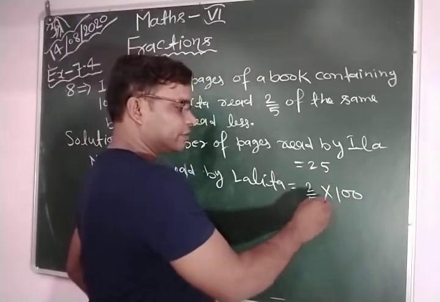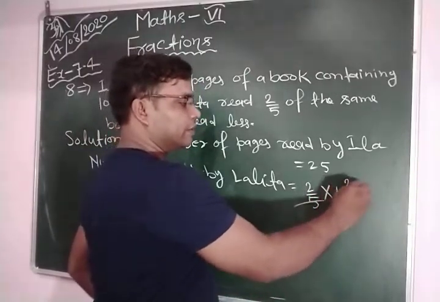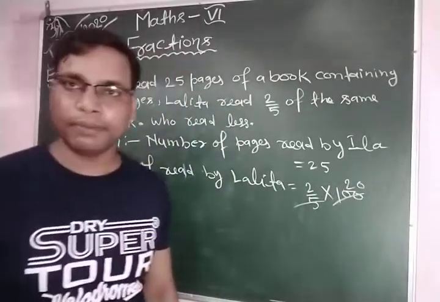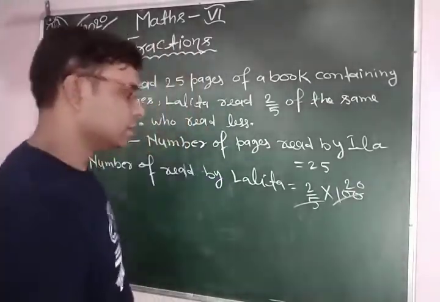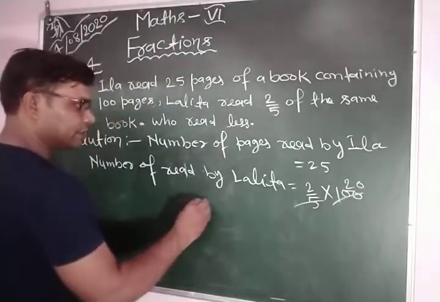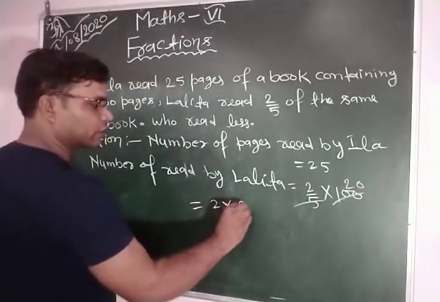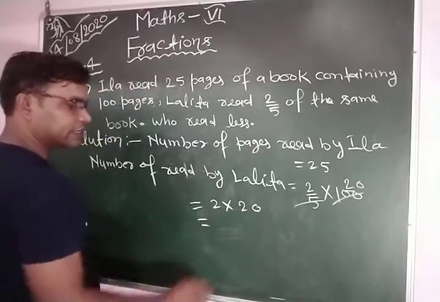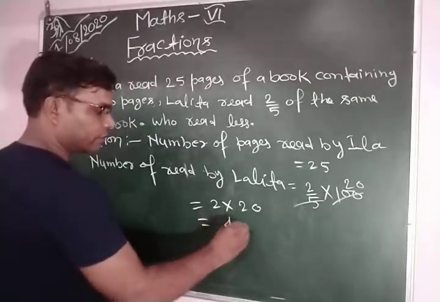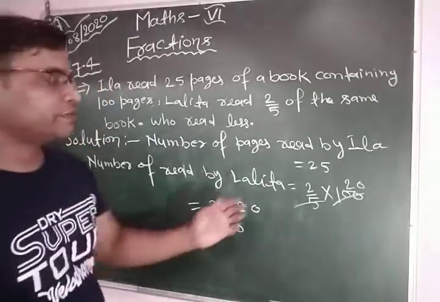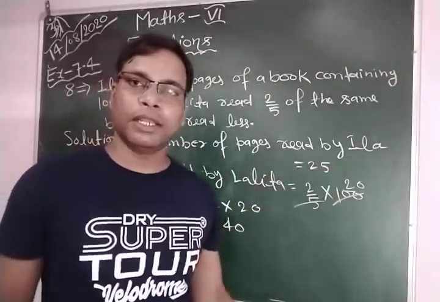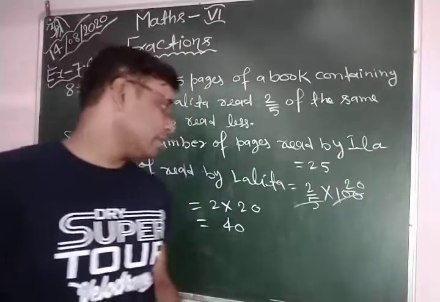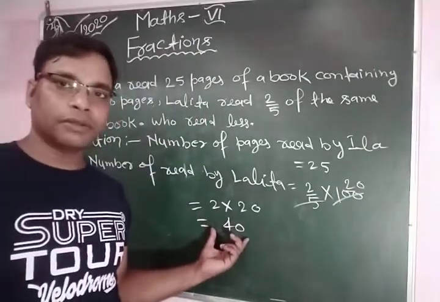If you cancel it, 5 twenties are 100, and 5 fives are 5. So you obtain here 2 into 20. So you can see this is equal to 40. So the number of pages read by Ila is 25 and the number of pages read by Lalita is 40.